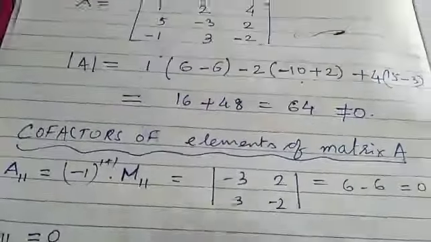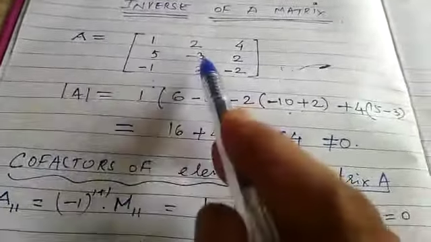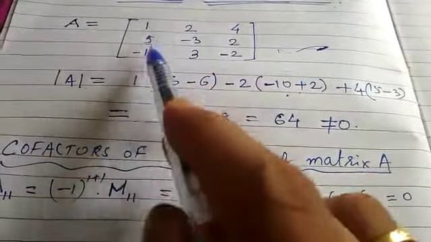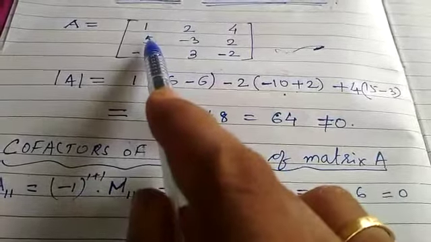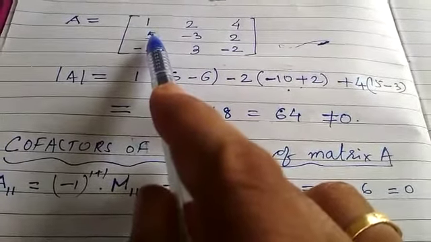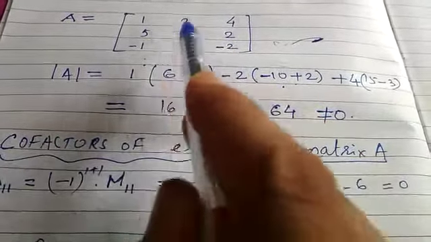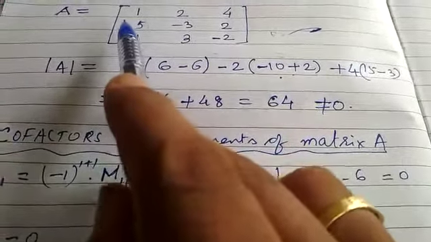If you want to find the cofactor of second row first column, that is A21, second row first column is an odd location, so you'll have to put a minus sign. Whatever minor determinant calculated, you multiply with minus sign. You have to negate it.